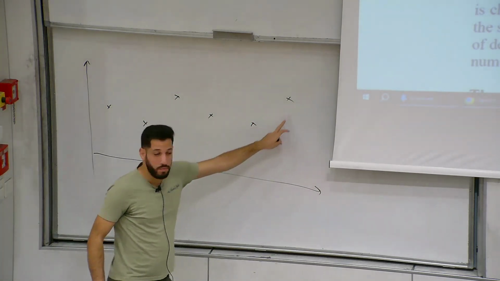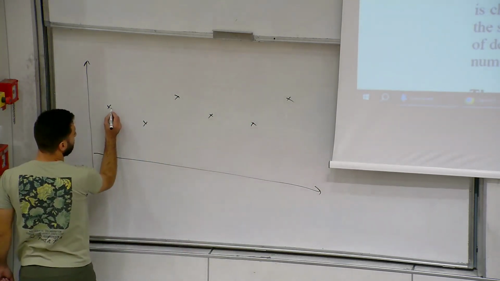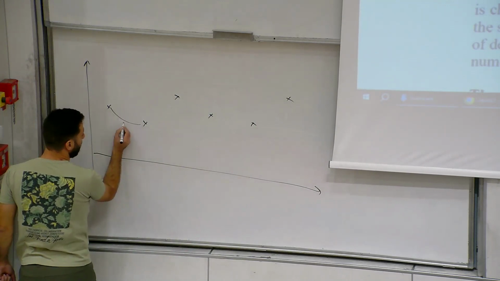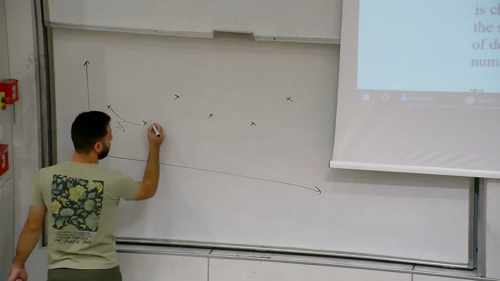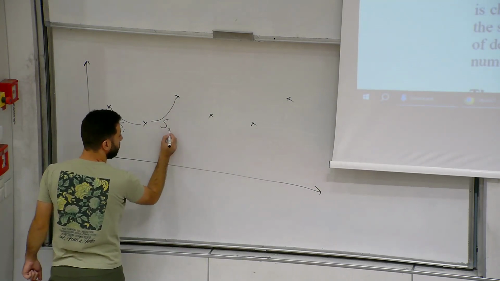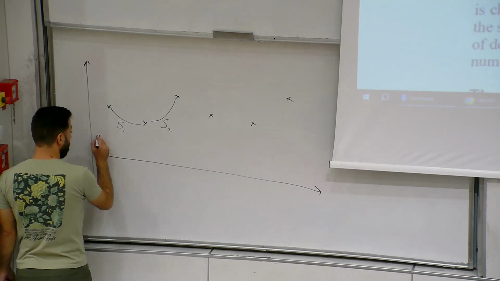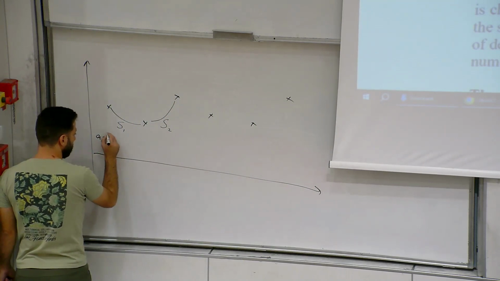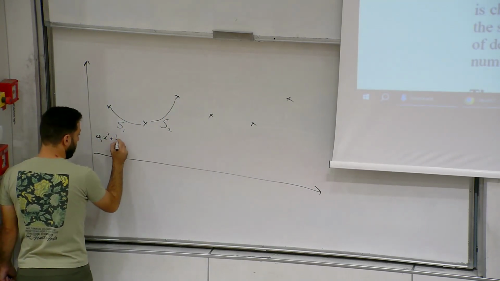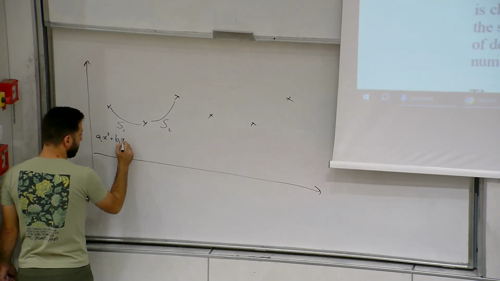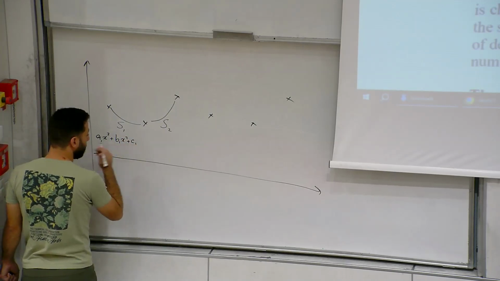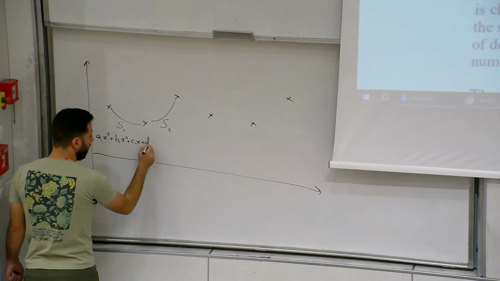So here I connect them by S1, and I connect them by S2. And this S1 is, for example, A1 x cubed plus B1 x squared plus C1 x plus D1.